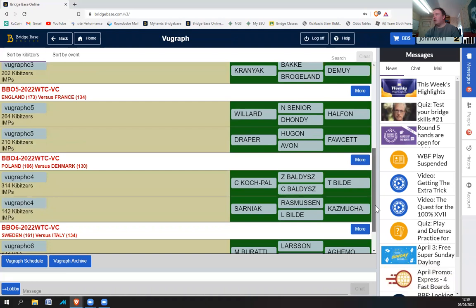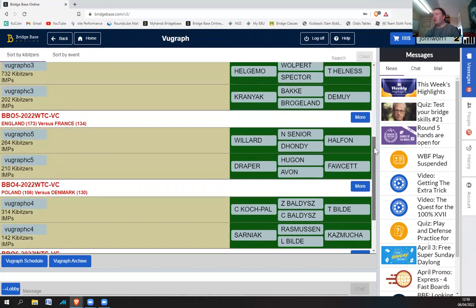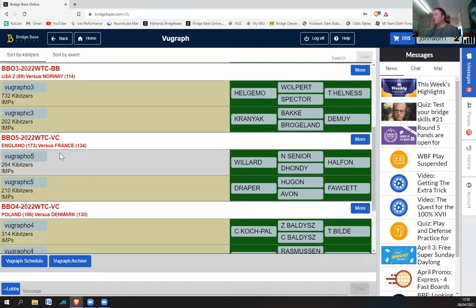Let's have a look if there are any other games going on. You've got Sweden, Italy, Poland versus Denmark, and England versus France. This is actually the women's team: Senior, Dondi, Draper, and Fawcett.